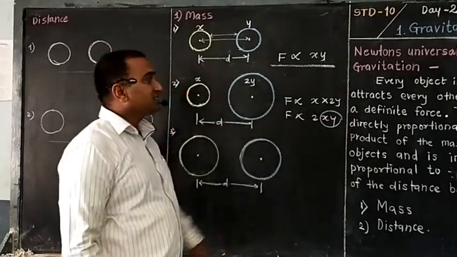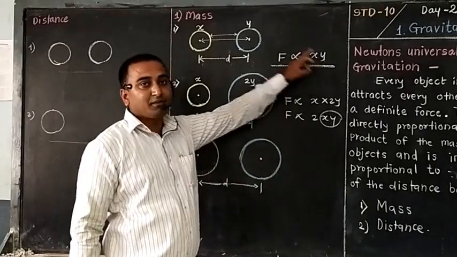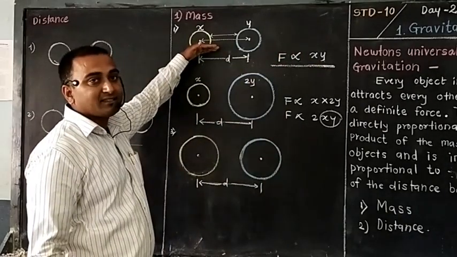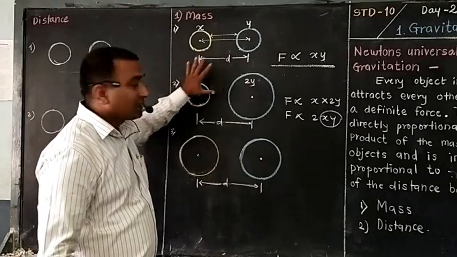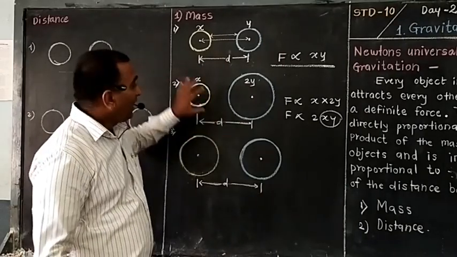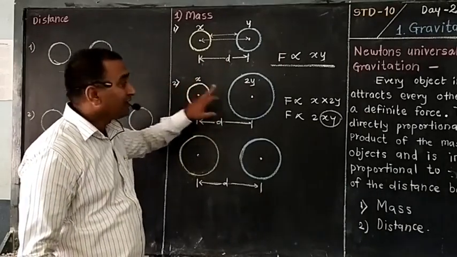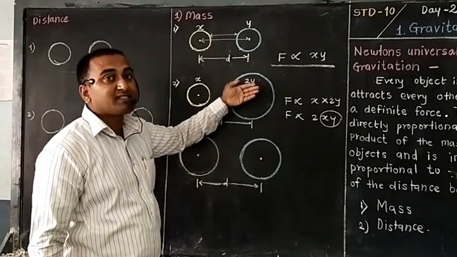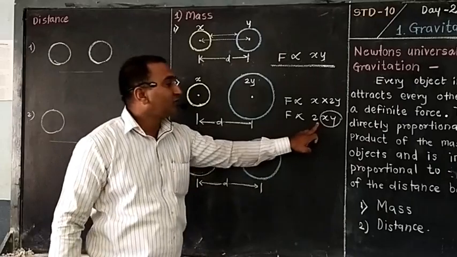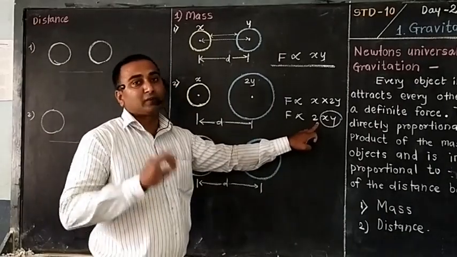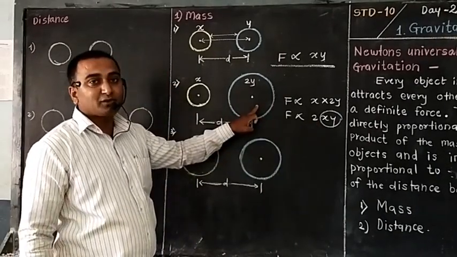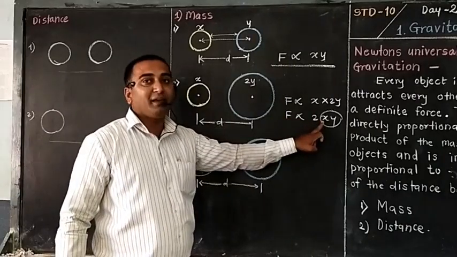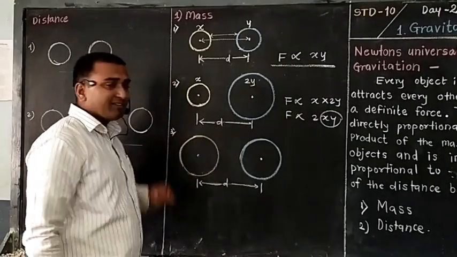Here xy is the force between the two objects, which previously we considered as the standard. So keeping the distance the same and the mass of the first object the same, if the mass of the second object is doubled, then the force also increases by 2 times. Mass increases by 2 times, force also increases by 2 times.